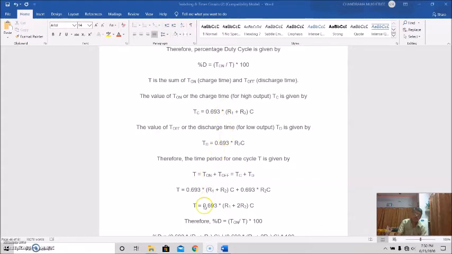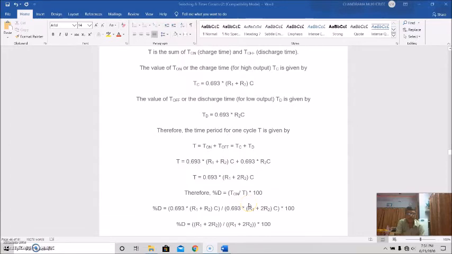If we put these values here, the total time period will be T equal to 0.693 into (R1 plus R2) into C plus 0.693 into R2 into C. If we take 0.693 common, it will be 0.693 into (R1 plus 2R2) into C.